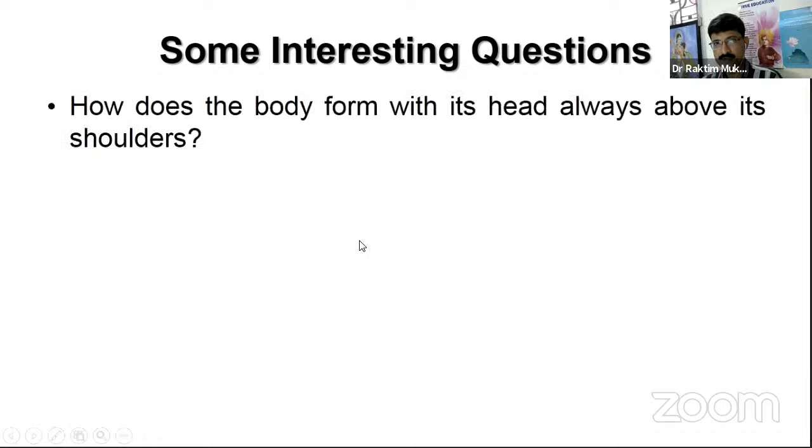Before I begin, I would like to start with some interesting questions. How does the body form its head always above its shoulders? That's the first question.